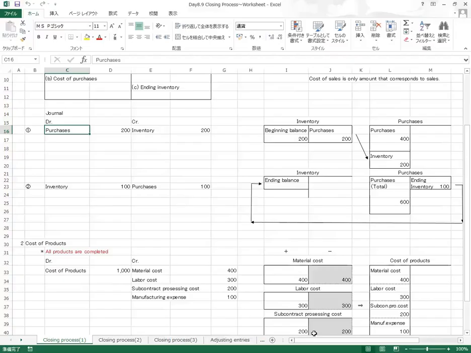The ending inventory, you calculate the real merchandise that is remained.